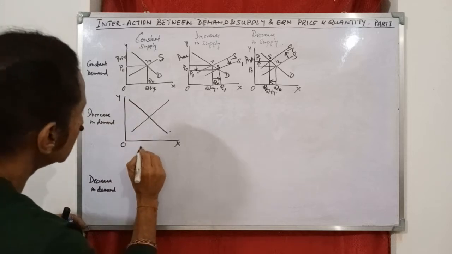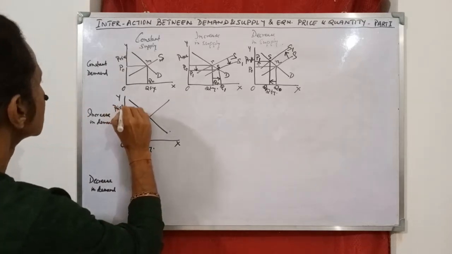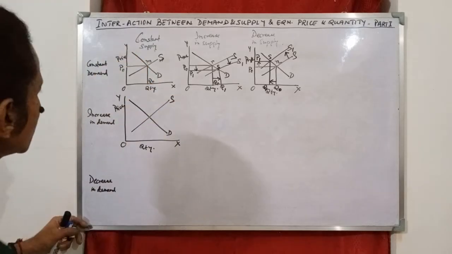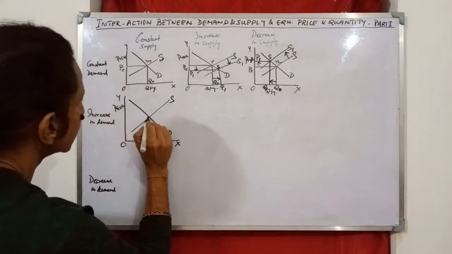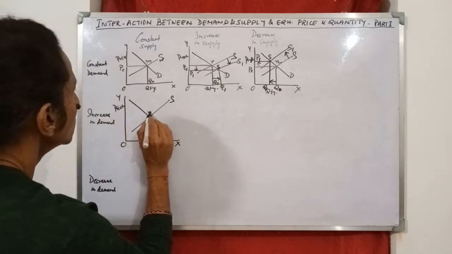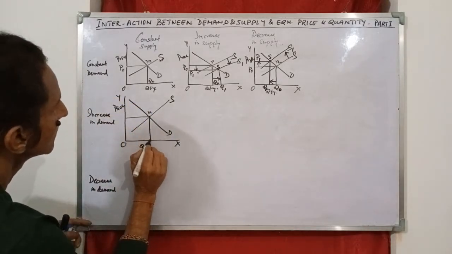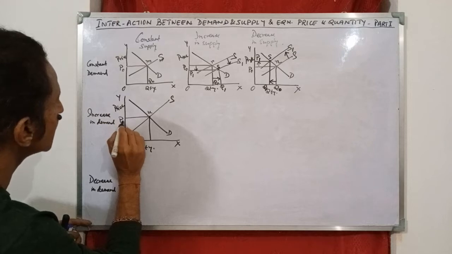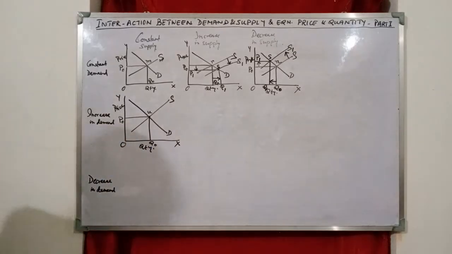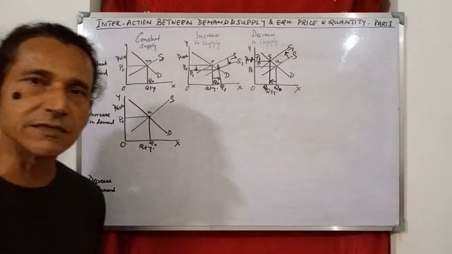We measure quantity on x-axis and price on y-axis. Let D be the demand curve and S be the supply curve. They intersect, say they intersect at point U. So equilibrium price is P sub O and equilibrium quantity is Q sub O. Now supply remaining constant, demand is increasing.